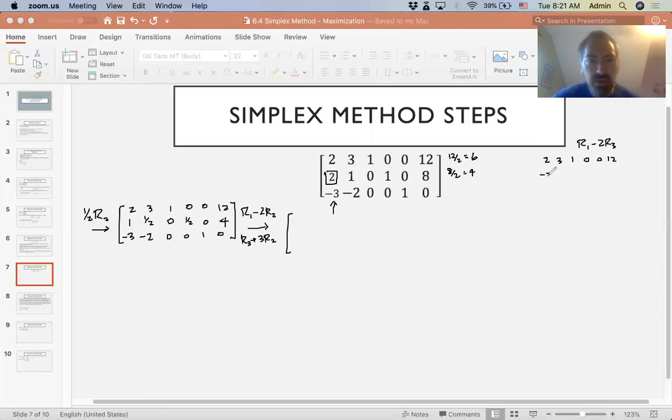So we have negative 2, negative 1, 0, negative 1, 0, and negative 8. So that's 0, 2, 1, negative 1, 0, and 4 for row 1. Row 2 stays the same.